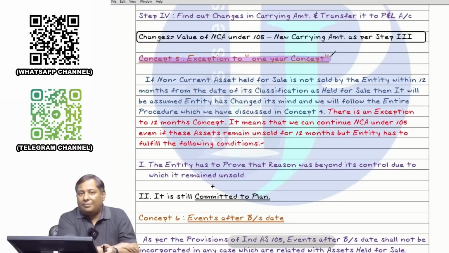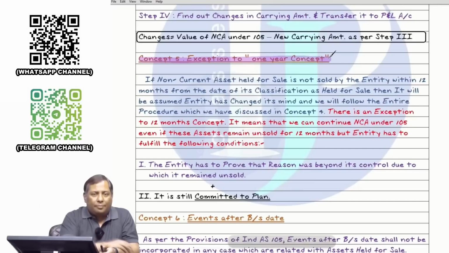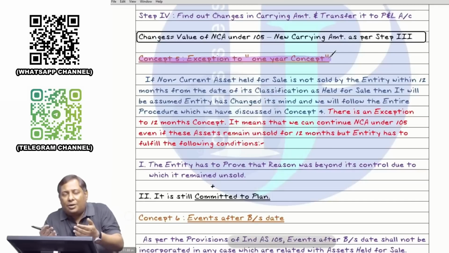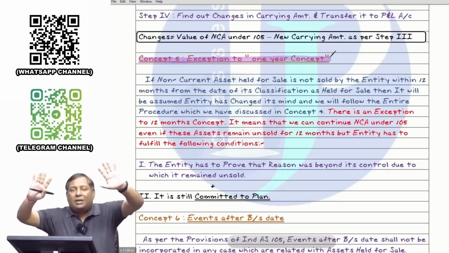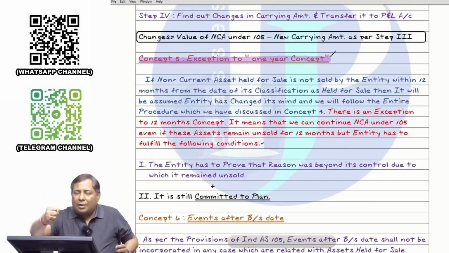But there is an exception. You can give the entity a little chance to prove itself. Is that okay, students? Pay attention here, but if the entity is able to prove that the delay in the sales was due to circumstances beyond their control. The second one is committed to the plan. Even now, they want to sell it, they don't want to keep it.